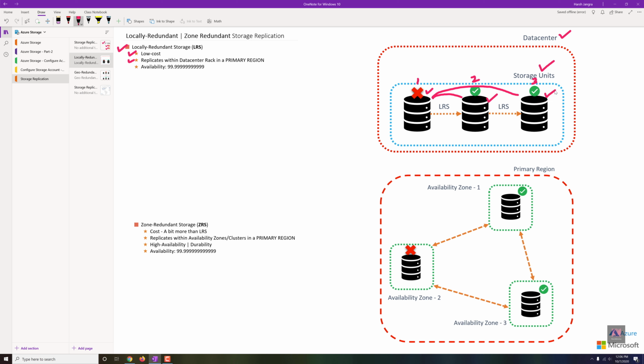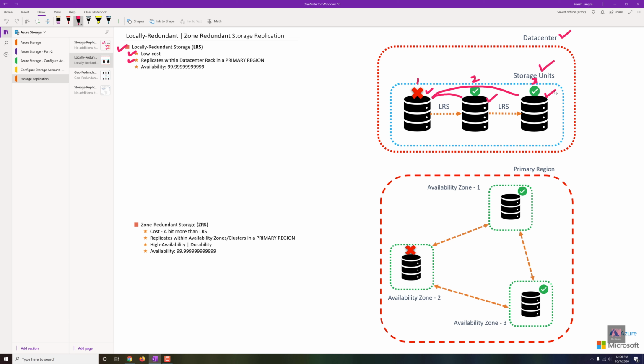That is exactly the work of locally redundant storage, which means within the same data center, under the same storage units, but on different rack servers. I hope you are very clear now on where locally redundant storage is used, in what situation you have to choose it, and why.